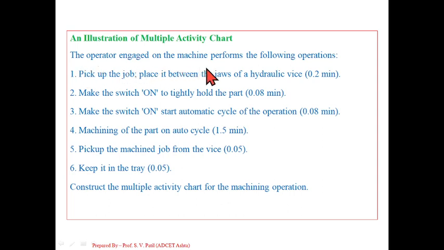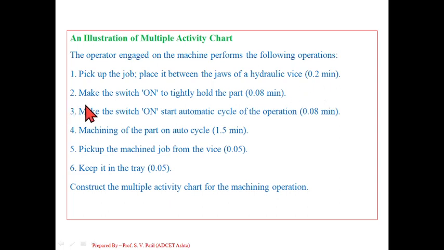The operator engaged on a machine performs the following operations. First one, pick the job, place it between the jaws of a hydraulic vise, 0.2 minute.